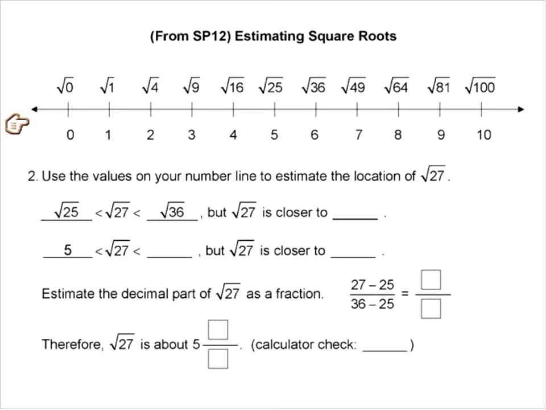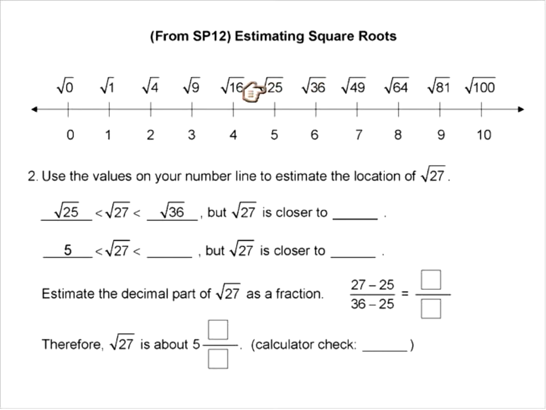Can we see this on the number line? Because their square roots differ by 1. Exactly. If you look at the square root of 1, that's 1, and the square root of 4 is 2. So the distance between 1 and 2 is just 1 unit.